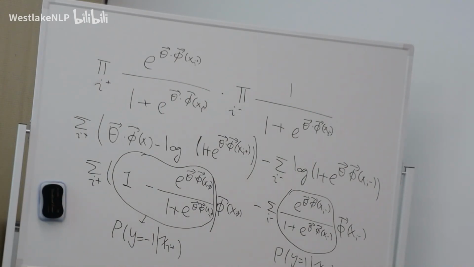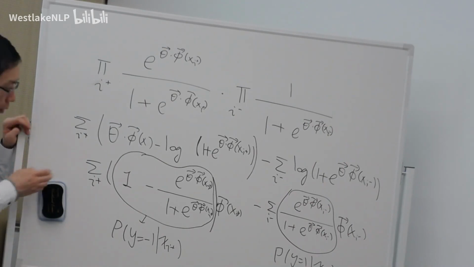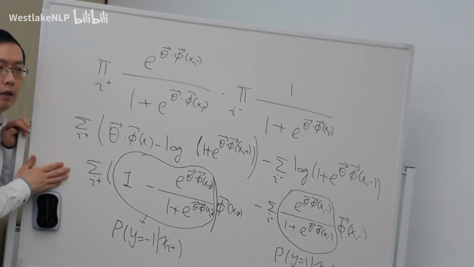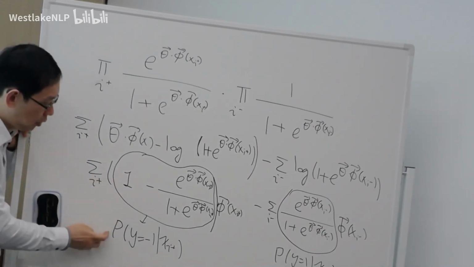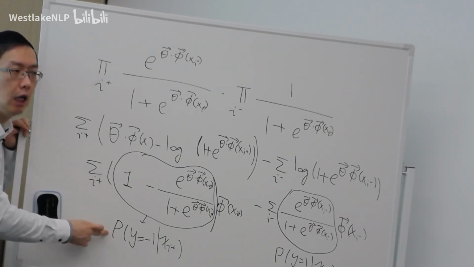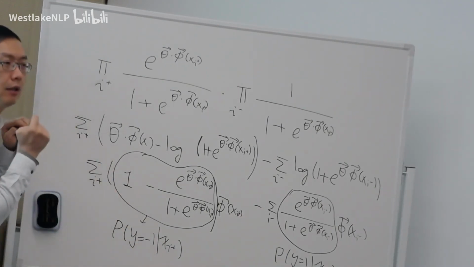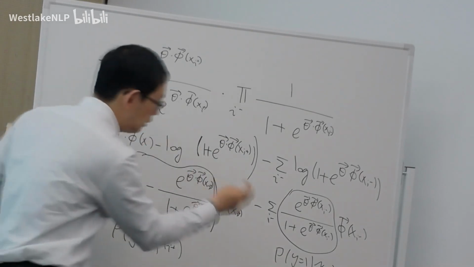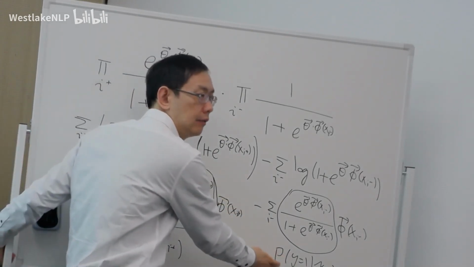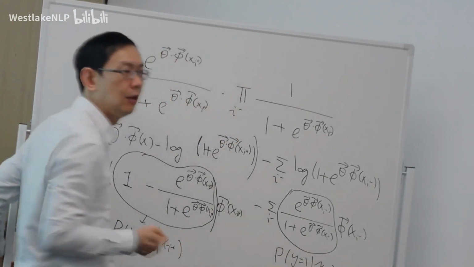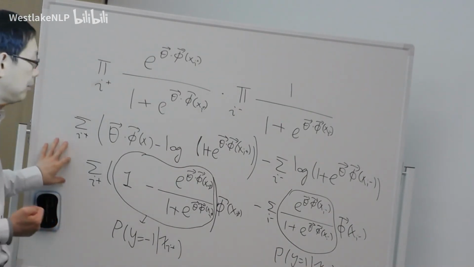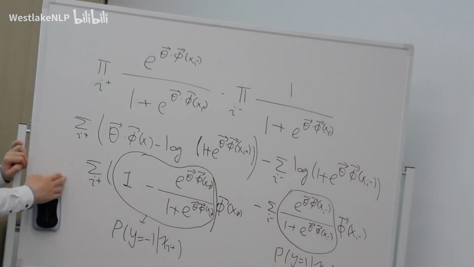So in the end, we got a derivative that is proportional to the model probability of the negative class for positive instances, and proportional to the probability of the positive class for negative instances. Okay? And we do some parameter adjustments, multiplying alpha. We'll come back to that later.